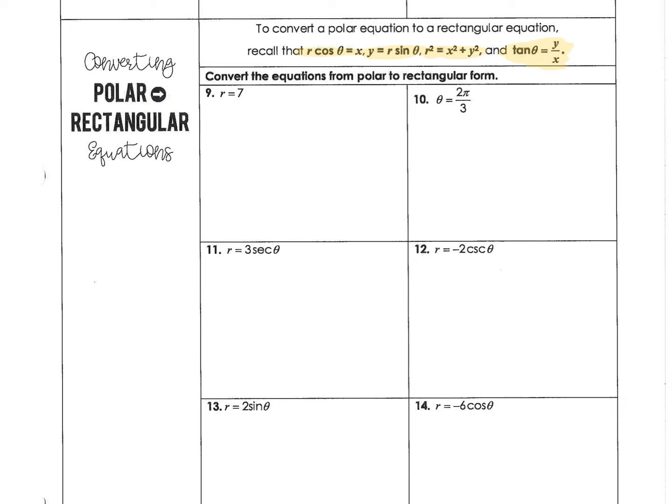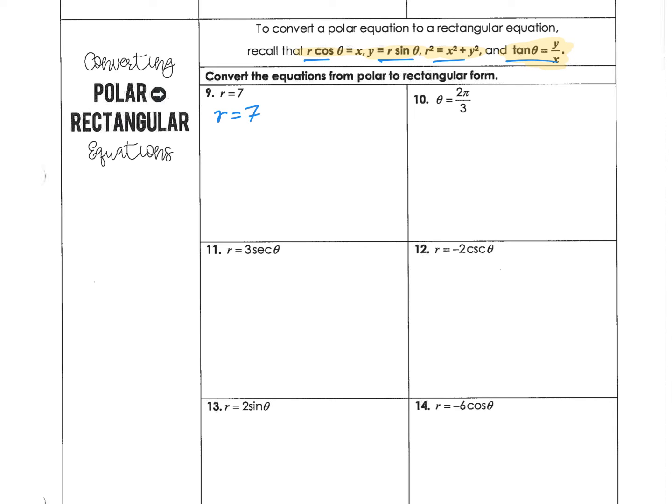Now, this is going to be the hard part for most of you. The other way, it's just straight sub in and solve. This one, you actually have to use some brain power and reasoning to think about which one to use. Look at the first one, r equals 7. We know that's going to be a circle, right? There is nothing up here that's just in terms of r, is there?